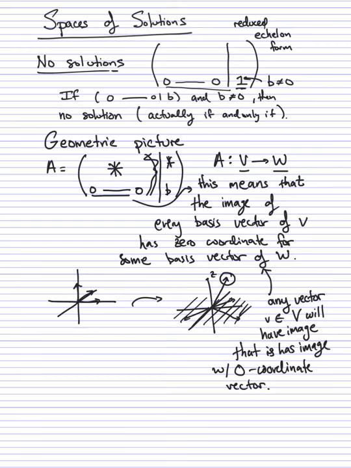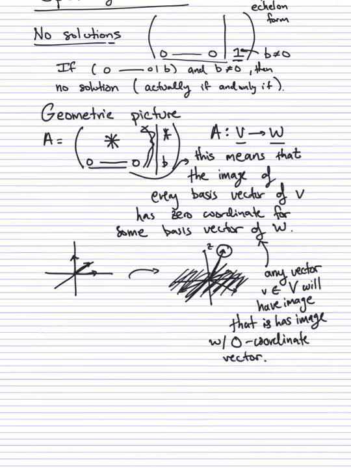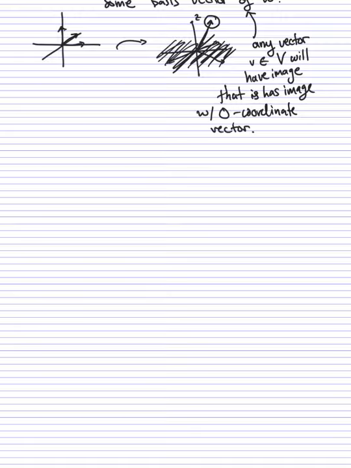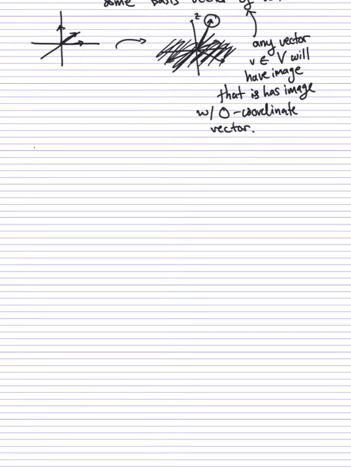But this is not what's going on, right? Every basis vector, and hence every vector, is getting sent to this hyperplane, so the image misses every vector that has non-trivial z coordinate.